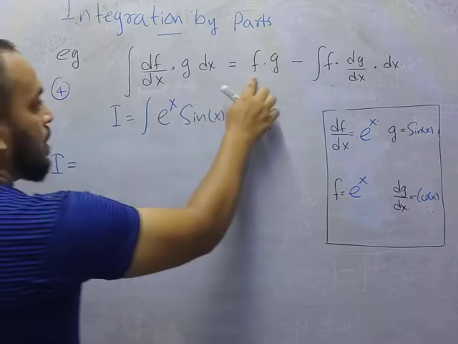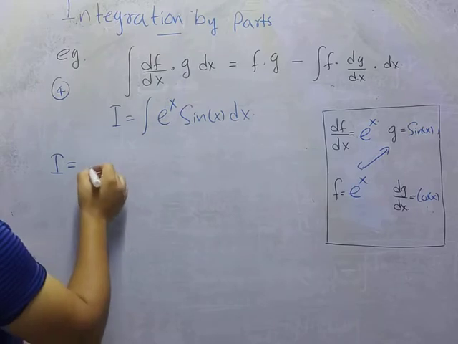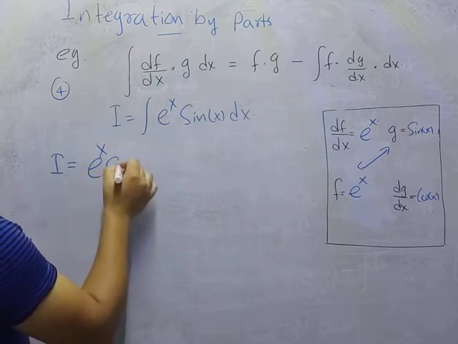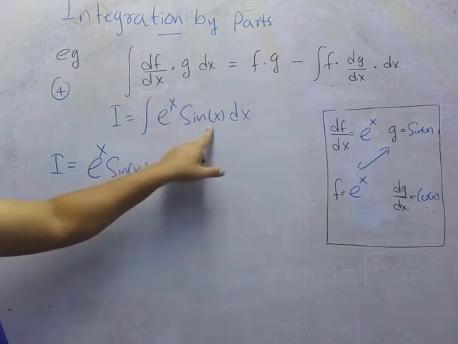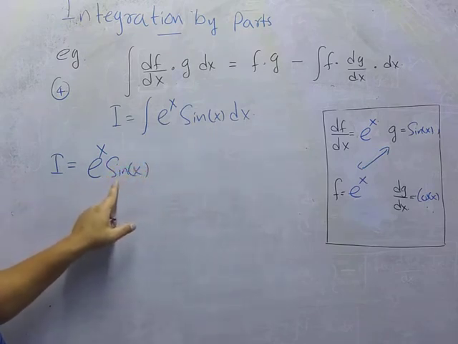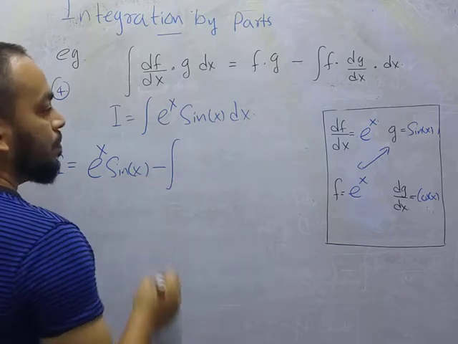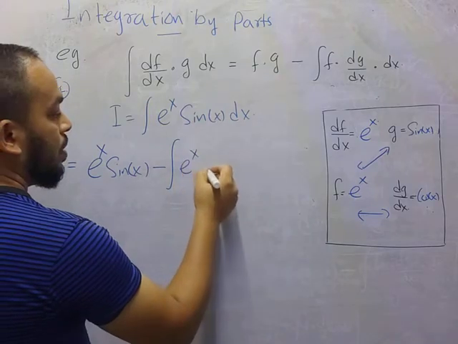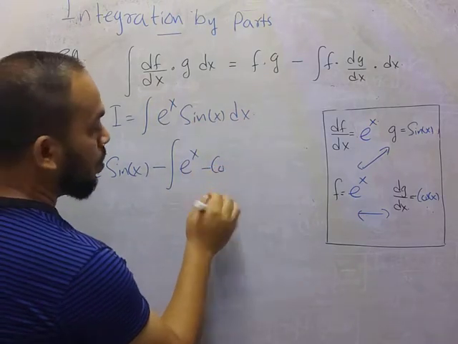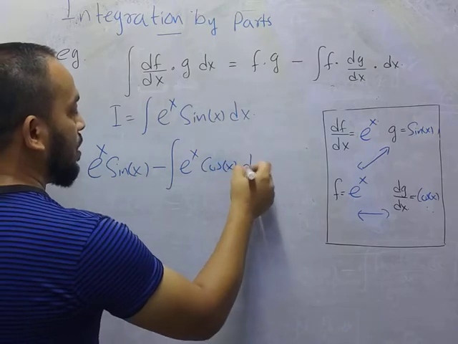First the product, e^x into sine x. So notice here in this case, this function does not change, right? e^x into sine x minus integral of this product, e^x, sorry, no minus there, e^x cosine of x dx.